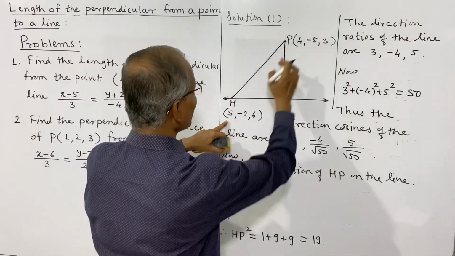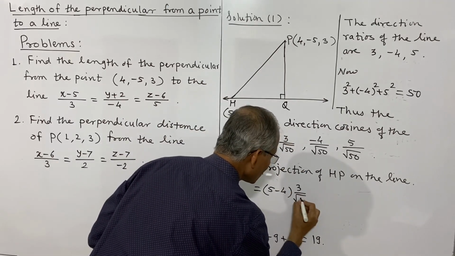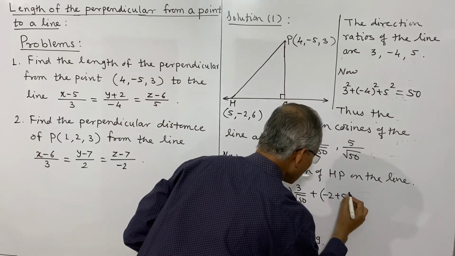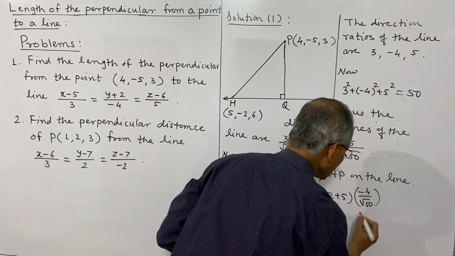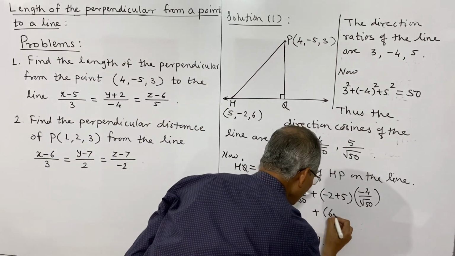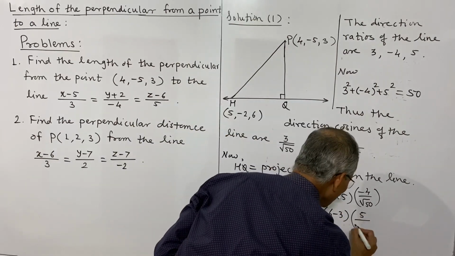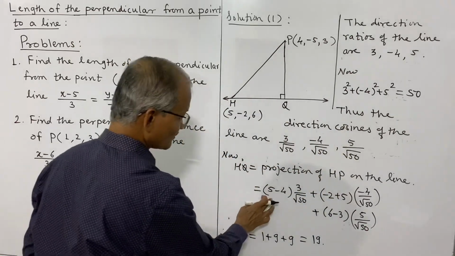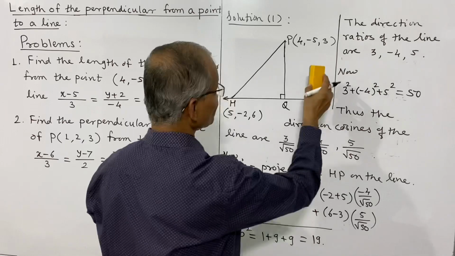So that will be (5 minus 4) into 3 divided by root 50, plus (-2 plus 5) into -4 divided by root 50, and next (6 minus 3) into 5 divided by root 50.